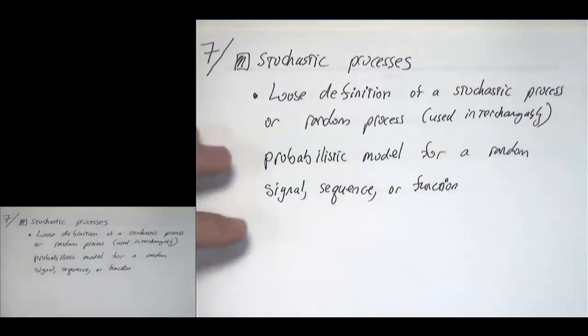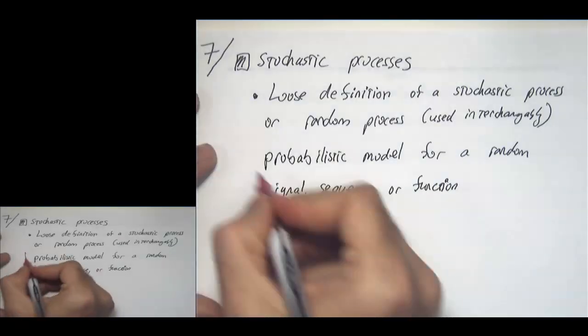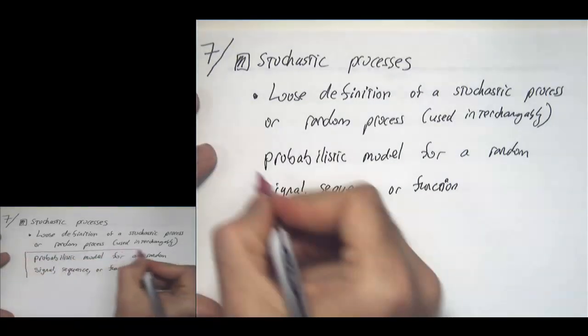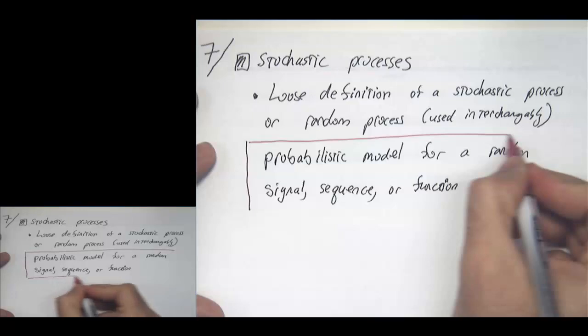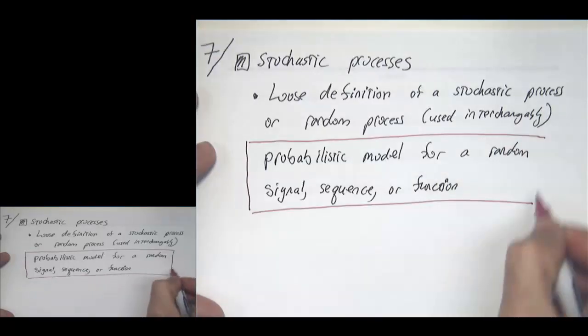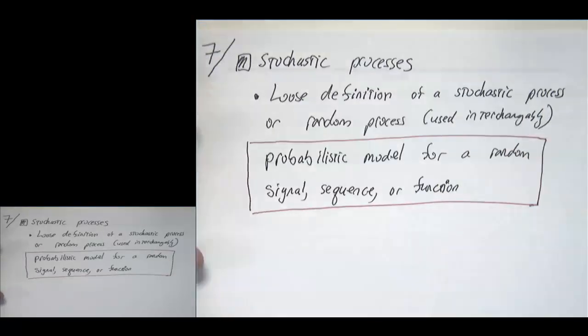And so this is the main departure from conventional probability, where you focus on characterizing, let's say, a single random variable, the outcome of rolling a die. Here we're going to talk about a sequence. So if I roll a die many times and get many observations, and I convert that dice rolling into a discrete time signal, then we're going to characterize that. That's essentially what a stochastic process is.